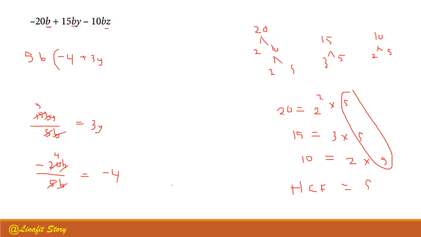And then negative 10bz divided by 5b, the answer is negative 2z.